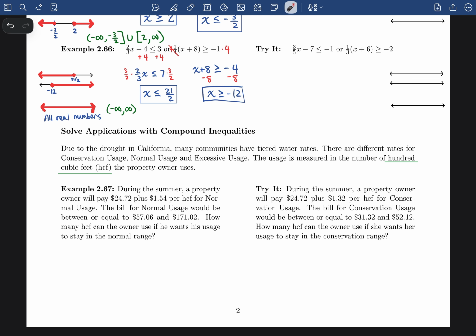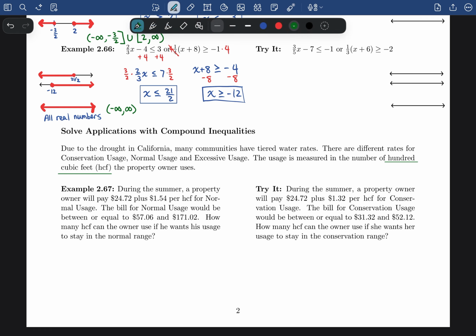Great. So to set this up, we were given a lower bound and an upper bound. All right? And we were given some extra information. So I'm going to set it up for you. I'm going to say the lower bound is 57.06, which is less than or equal to $24.72 plus $1.54 times X, where X is the amount of 100 cubic feet, HCFs, that the property owner uses.